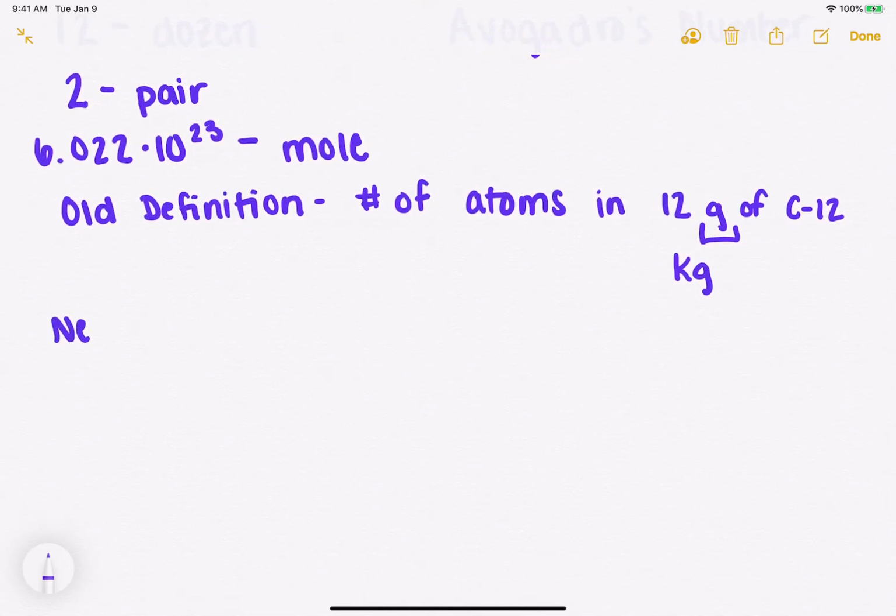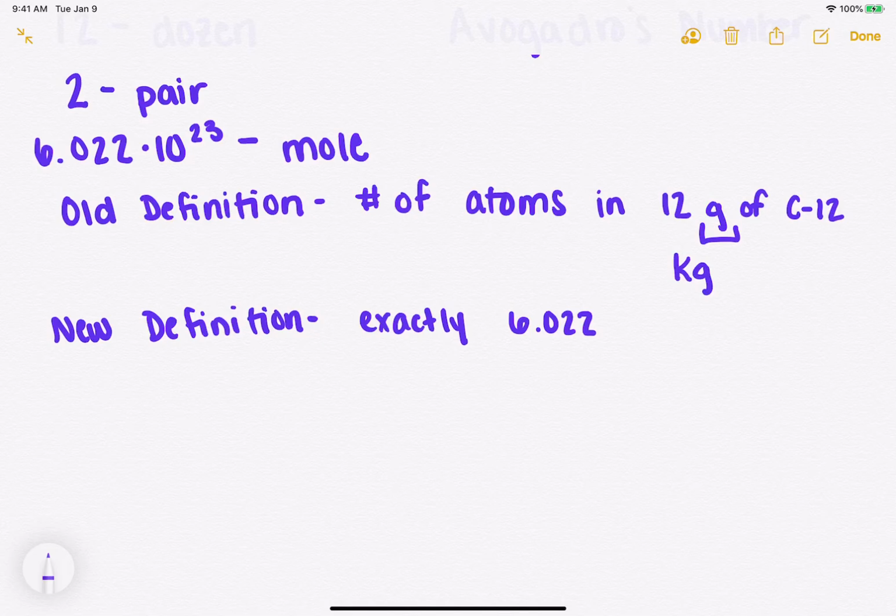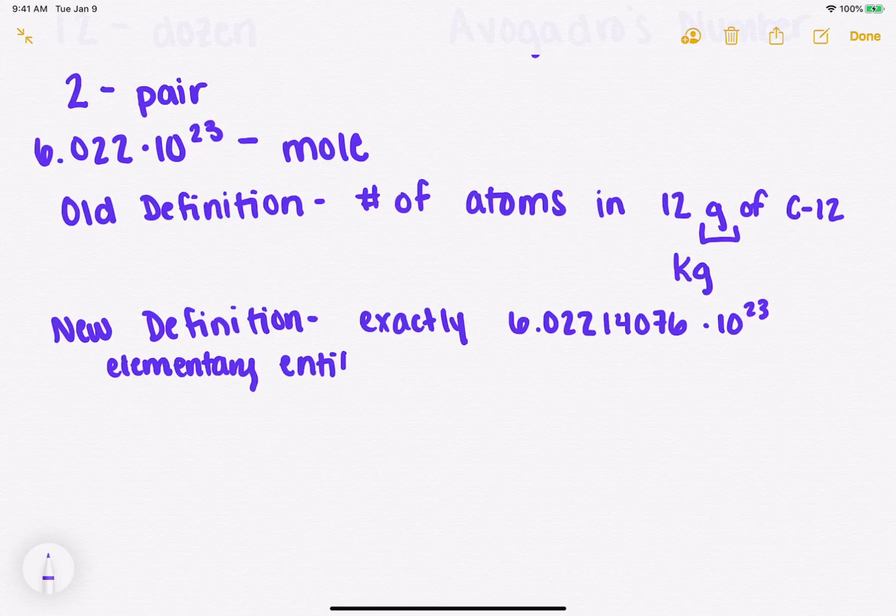So the new definition, as of May of 2019, is a mole is exactly, now get ready for this, I've got a lot of digits for you here, 6.02214076 times 10 to the 23rd elementary entities of a substance.